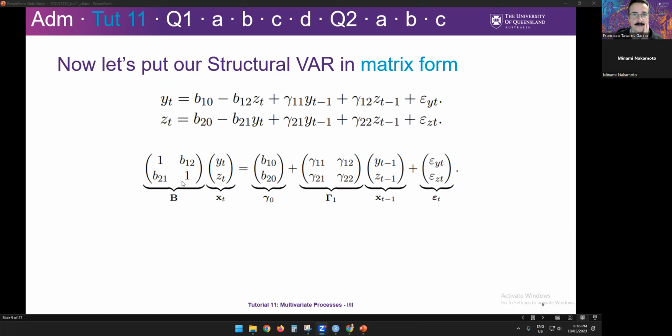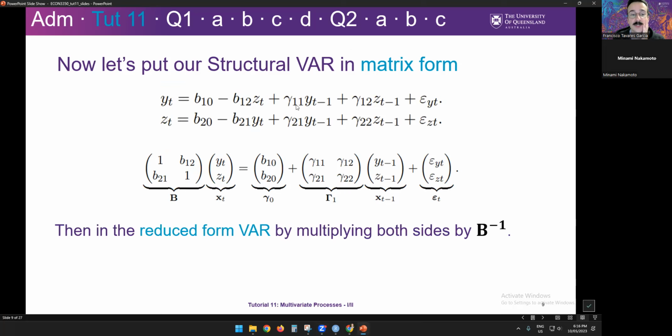Okay, let's keep going. After moving to this matrix form, we will do the reduced form. The reduced form is getting this B and moving it as a denominator, like dividing the other side. That's how I think about it. But pretty much it's the same as multiplying by 1 over b, if it was a scalar, just a number.